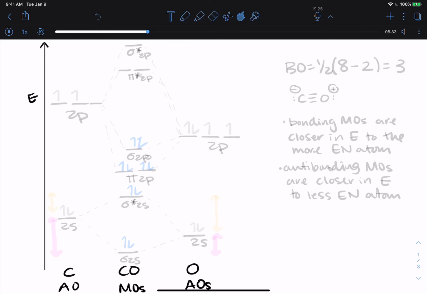The very first thing we talked about is that carbon and oxygen have different energy atomic orbitals. Oxygen is more electronegative, therefore its atomic orbitals are lower in energy. So if I put, say, my 2s for carbon here, the 2s for oxygen should be at a discernibly lower energy.